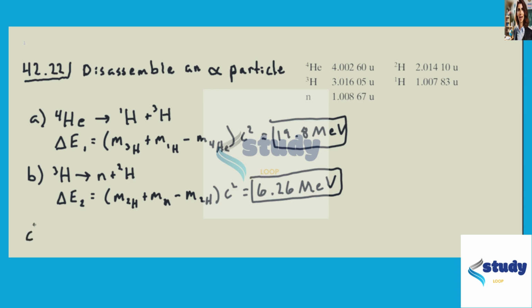I think we have enough space to write out step C here, which is to separate the proton and the neutron, which we can write as going from our hydrogen-2 to a hydrogen-1 plus a neutron. This being the third step, we'll call it delta E3.